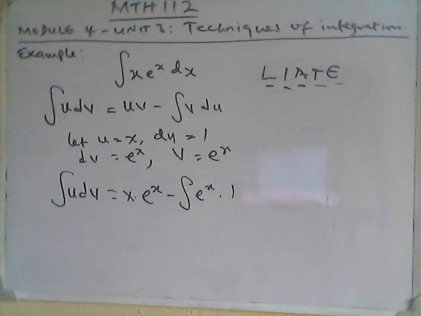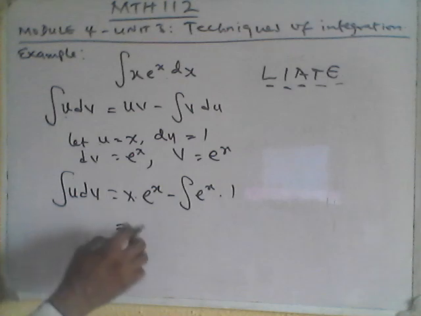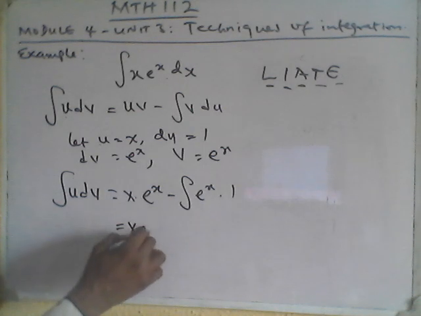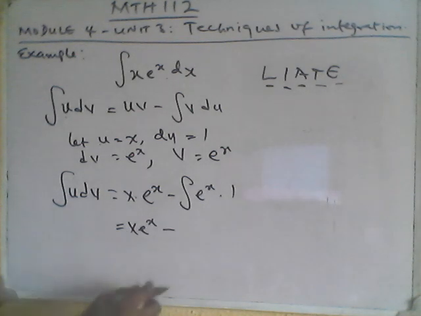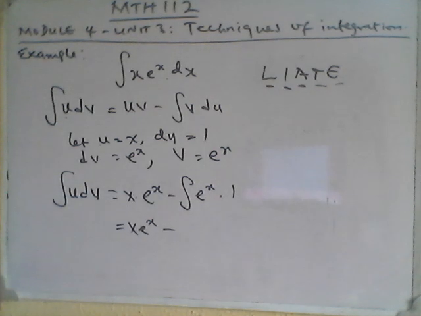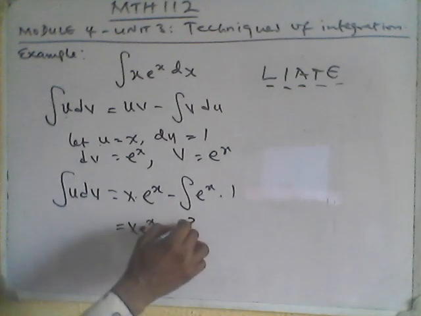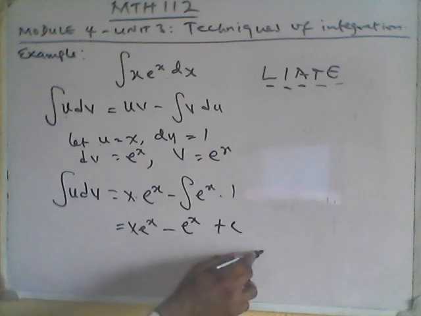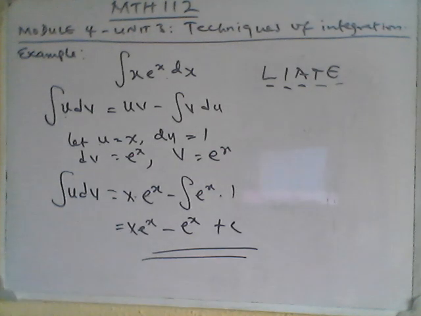Having gotten that, I will now complete this expression. So I have x e to the x minus, integrate this one again. If I integrate this one again, I will still get exponential x, then plus c. So this is the answer.